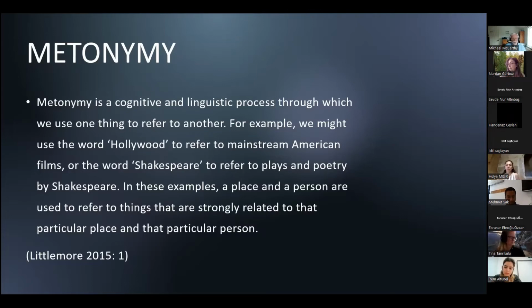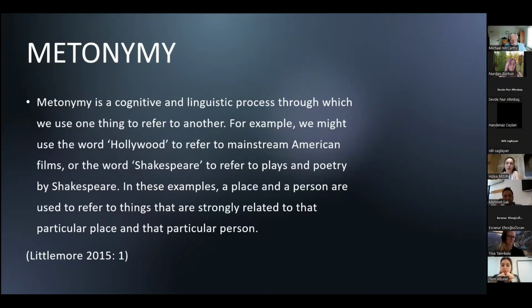In these examples, a place and a person are used to refer to things that are strongly related to that particular place and that particular person. So now we begin to understand the difference between metaphor and metonymy.